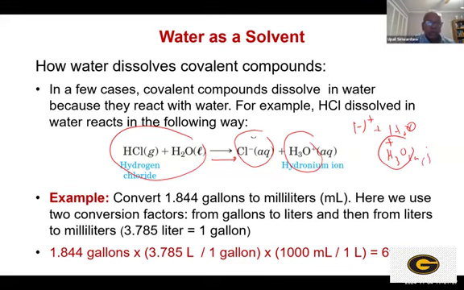So you can calculate the molarity of the solution, knowing the volume of the solution. These are typical conversions of volume, gallons to liters. You have the conversion factor: 3.785 liters is 1 gallon.